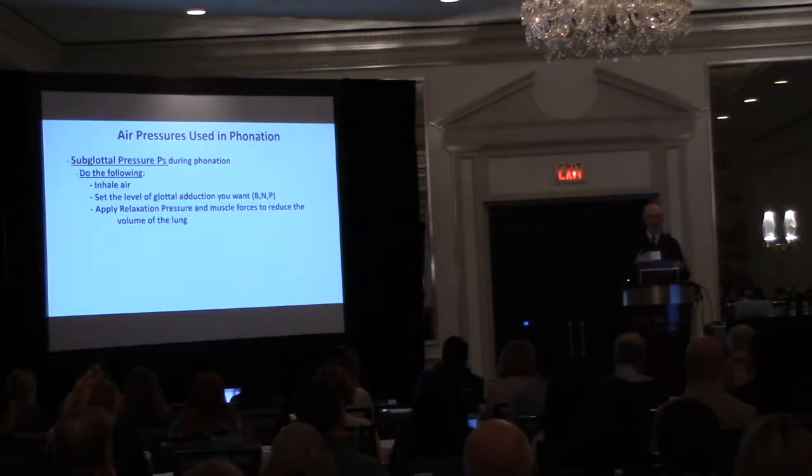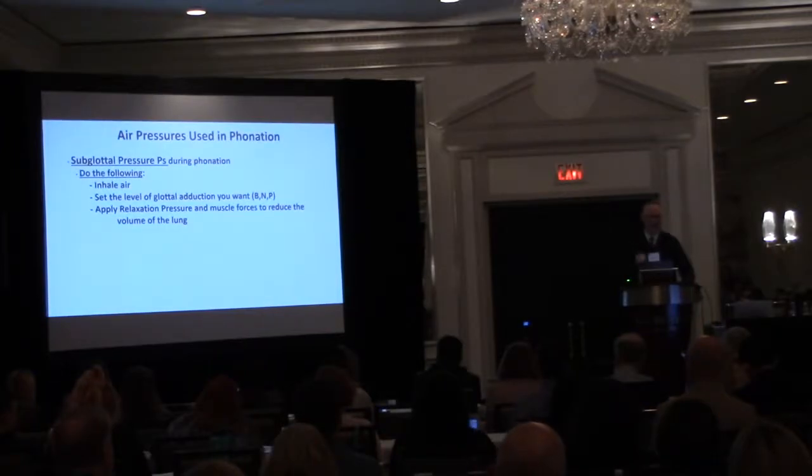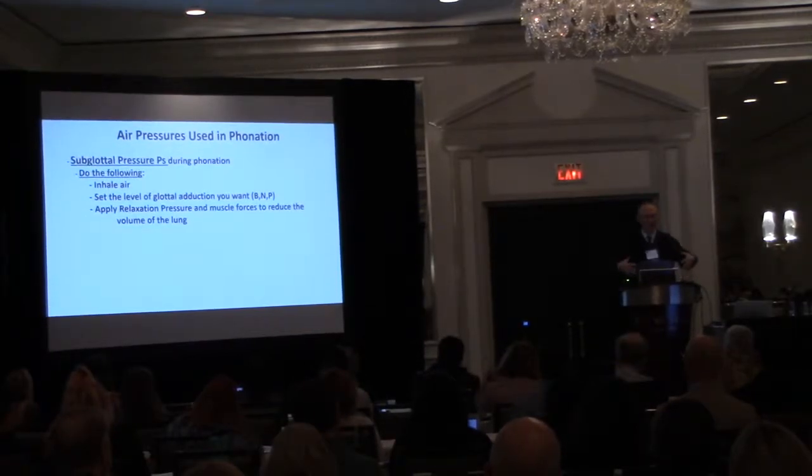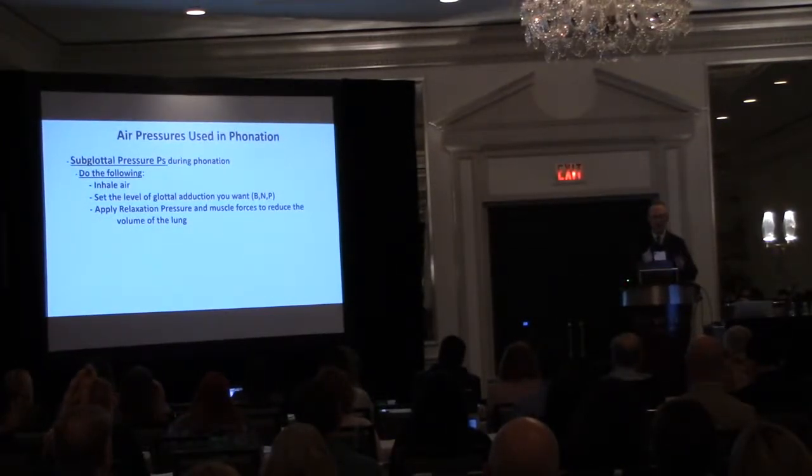Sometimes it's called relaxation pressure, created by that elasticity. At certain lung volumes you're going to have a certain amount of that, and also muscle forces to reduce the volume of the lung. Those are the muscle forces of the torso. So you have the relaxation pressure and those muscle forces. That's how you're going to be creating subglottal pressure.